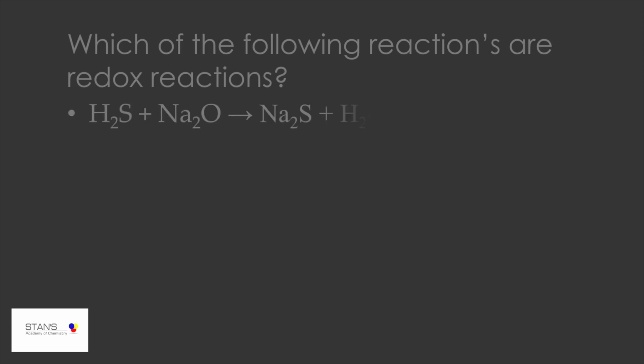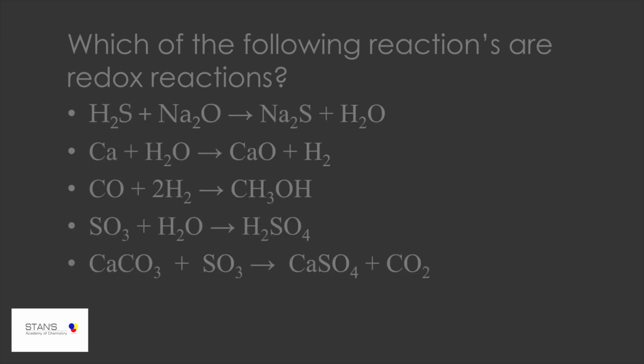So here are certain reactions that are given to you, and you have to determine whether these reactions are redox reactions or not. I'm going to work 2 examples for you. The rest of the examples you can work out by yourself. We have already seen that an increase in oxidation number indicates oxidation and a decrease in oxidation number indicates reduction.